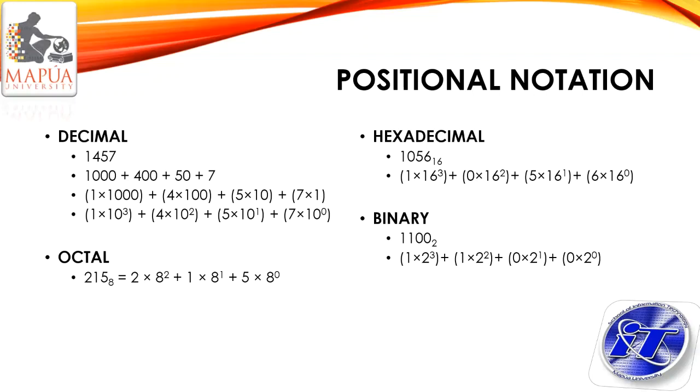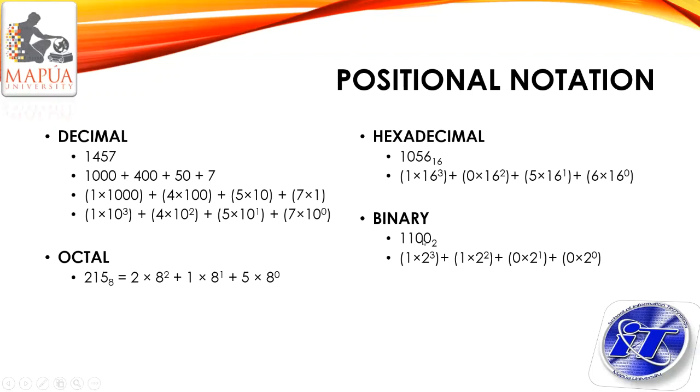For hexadecimal, 1056: 6, the first digit, will have a positional value of 16 raised to 0, 5 is 16 raised to 1, 0 is 16 squared, and 1 is 16 cubed. While for binary, we have 1, 1, 0, 0.